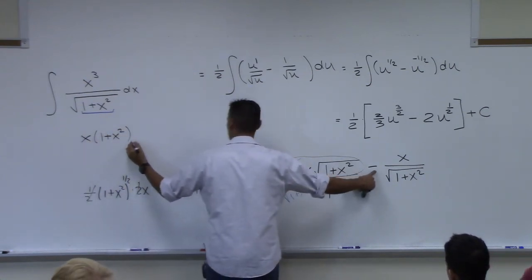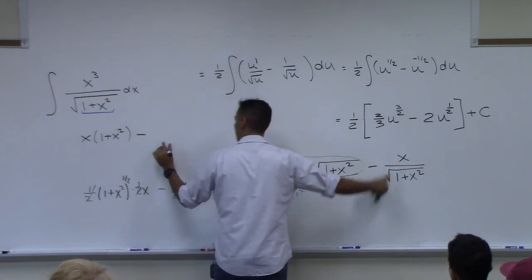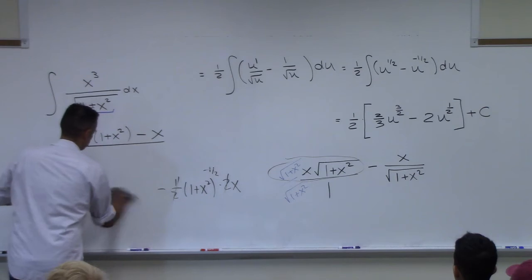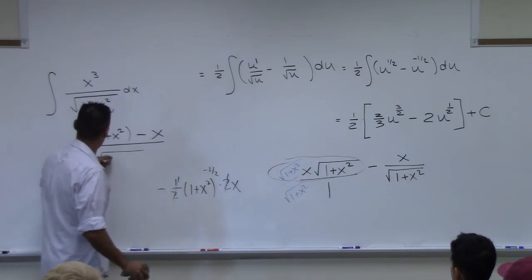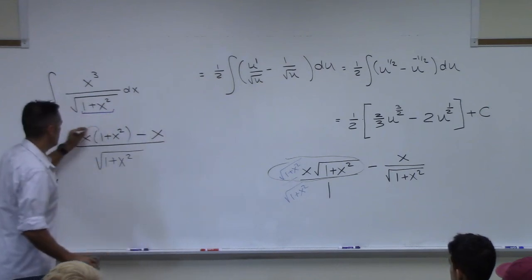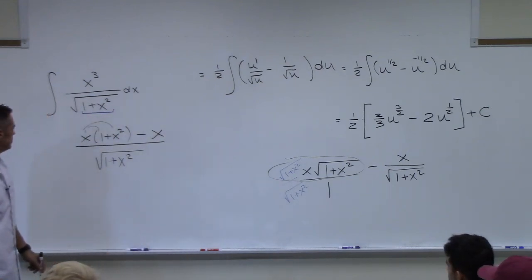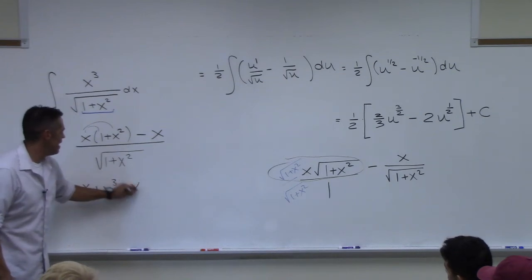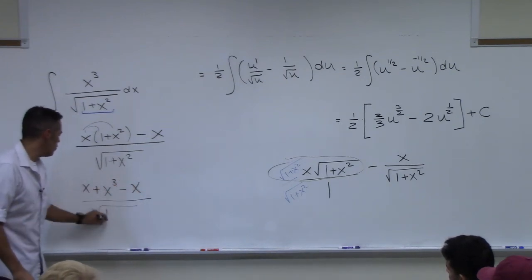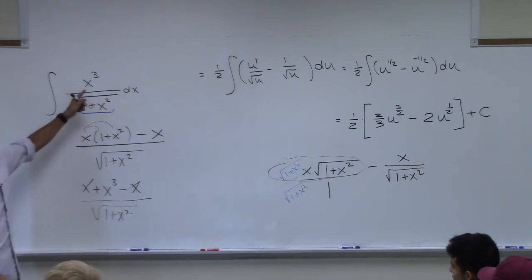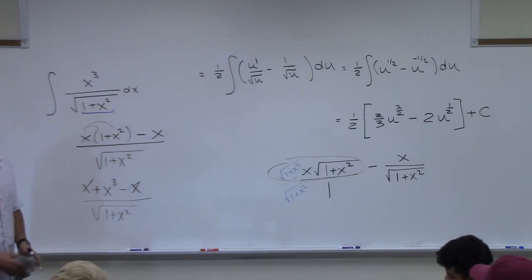And then I have minus just x, and that's all over my common denominator, which is square root of 1 plus x squared. And now let's distribute here and here. So we get x plus x cubed minus x over square root of 1 plus x squared. X is canceled. X cubed over that. It works.